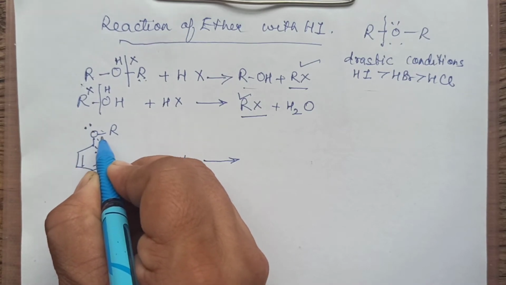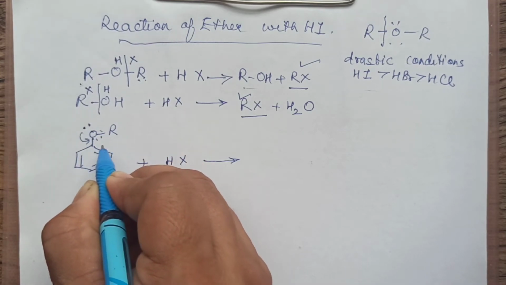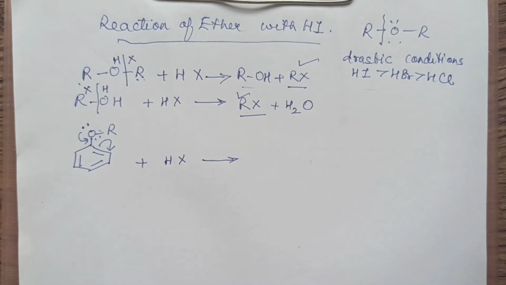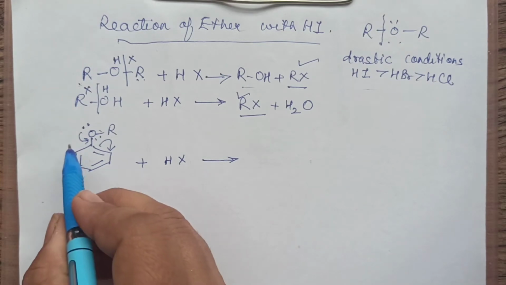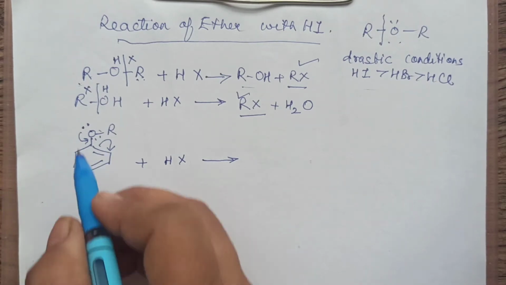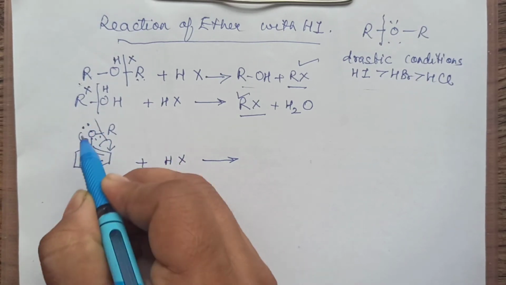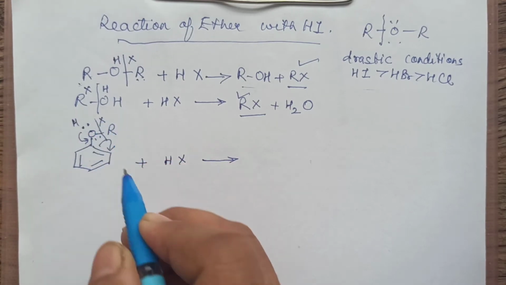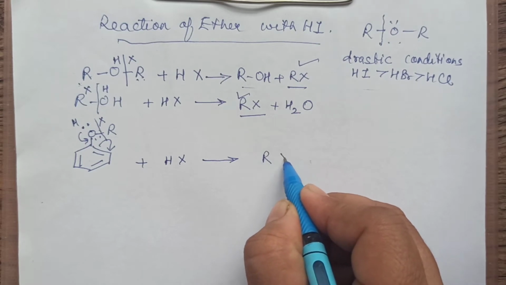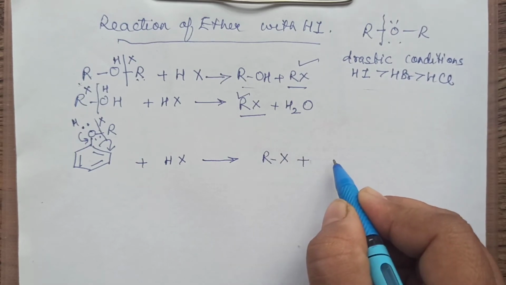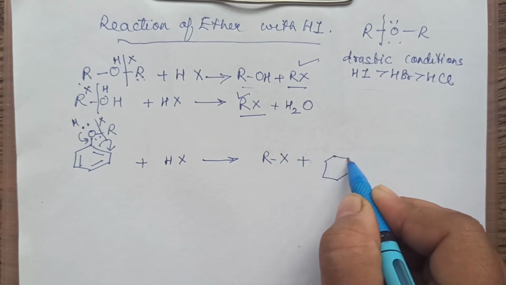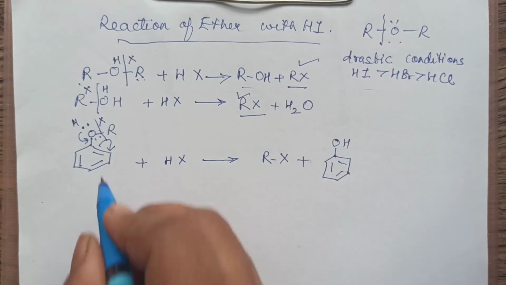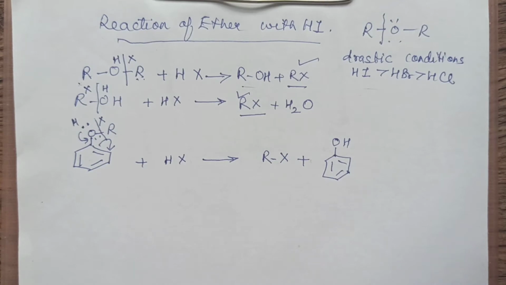There are two lone pairs over here, which undergo resonance, and there is a partial double bond character between the carbon of the ring and oxygen. So this bond will not break. H will always come with the aryl group and X will go to the alkyl group. So in this case you will always get RX and phenol. If the ring is directly attached to oxygen, that bond will never break.